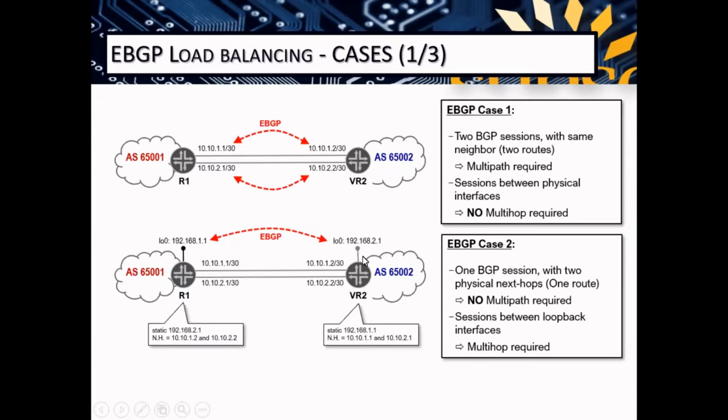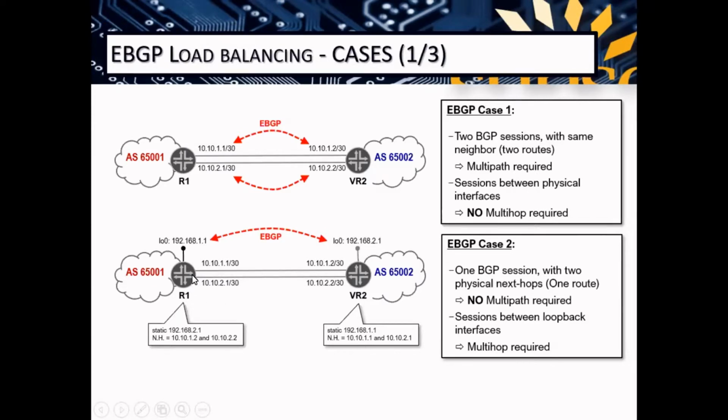The next hop of that route is going to be 192.168.2.1. Let's say that VR2 is advertising a route to router 1. So the next hop is going to be 192.168.2.1. So how is the load balancing going to happen?